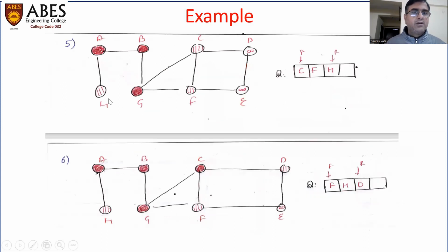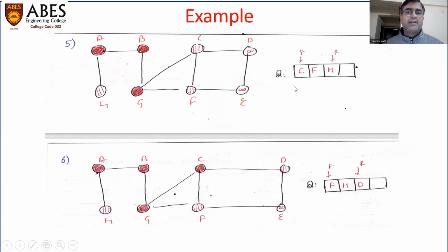Now see, A is in process state, and its neighbor H, which was in ready state, we have added from the rear of the queue, because addition in the queue is from the rear and deletion or processing is from the front.